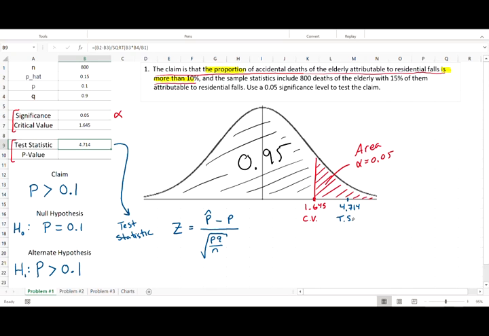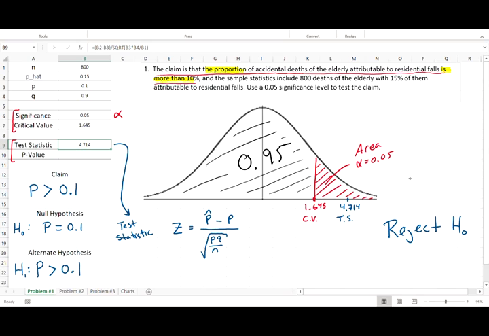Now, when the test statistic is in the critical region, or the test statistic is more extreme or farther away from zero than the critical value, that tells us to reject the null hypothesis. Okay, so in this case, the test statistic is more extreme than the critical value. So because of the relationship between these two numbers, we reject the null hypothesis. That is the traditional method where you compare the critical value to the test statistic.